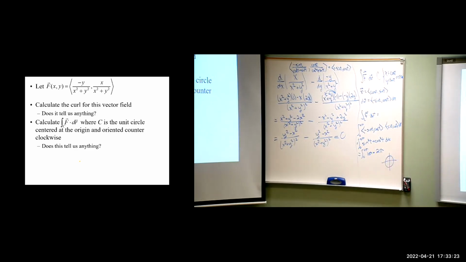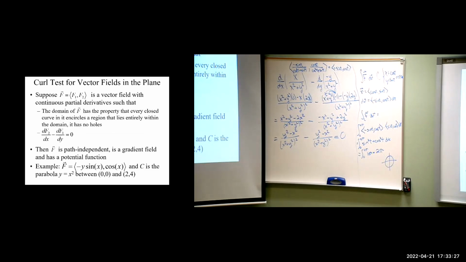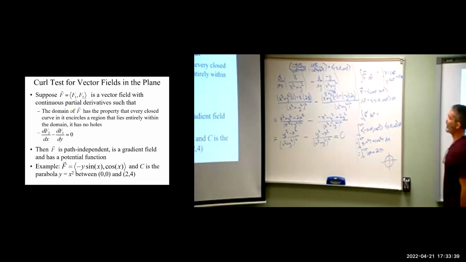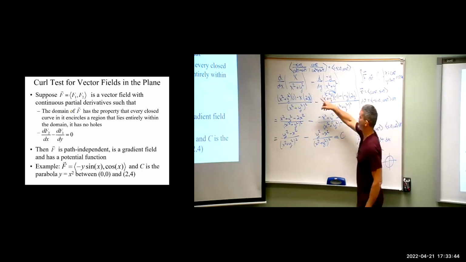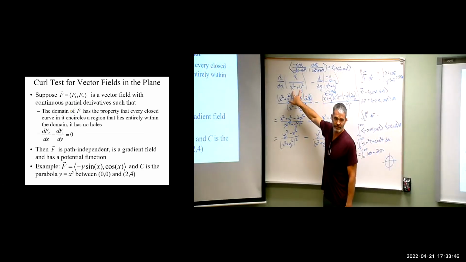And let me go back to the theorem that guarantees us this. The domain of F has the property that every closed circle in it encircles a region that lies entirely within the domain. We have a hole, and if we go back to our vector field, we have a hole at the origin, because at 0, 0, this is undefined.